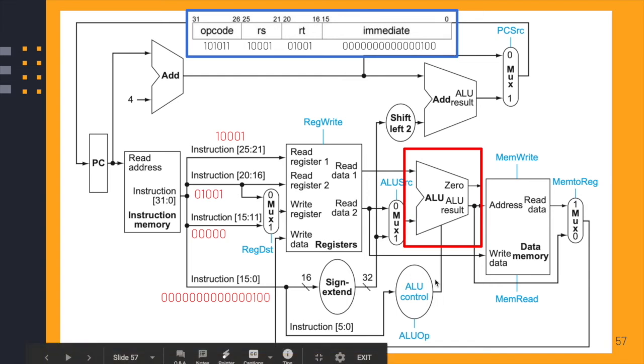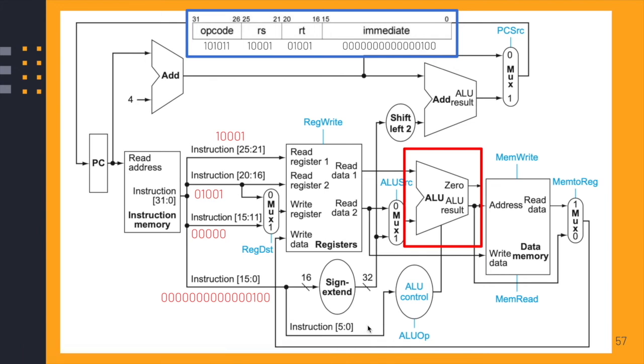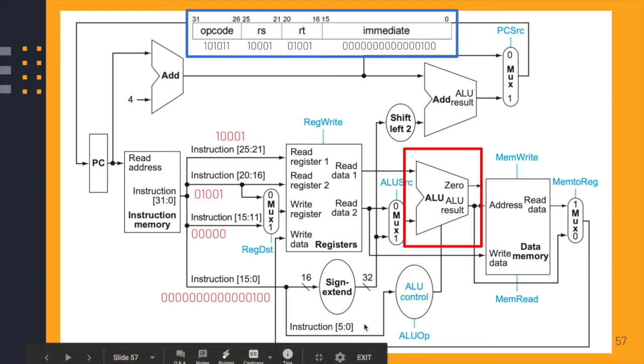The ALU control has two inputs: the ALU operation, which is a signal from the control unit, and bits 0 to 5 from the instruction, which in case of an R-type instruction are the function bits, the 6 bits that represent the function. It's a dummy data path, so bits 0 to 5 will always be input to the ALU control, regardless of whether we are executing an R, an I, or a J instruction.